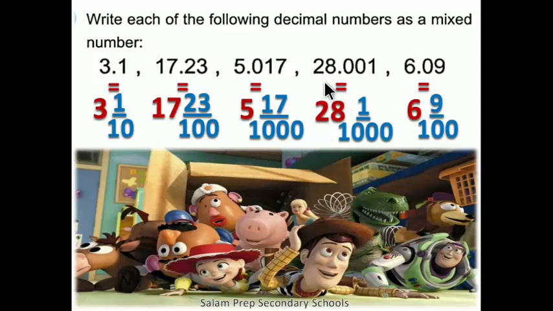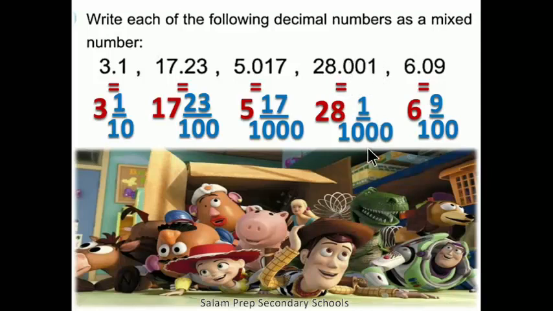The next one, 28.001, 28 and 1 thousandth. I will write the whole number, 28. Don't write the decimal point. I will put 1 in the numerator. Over. In the decimal part, there are tenths, hundredths, thousandths.